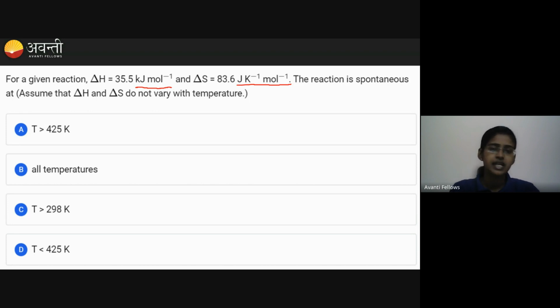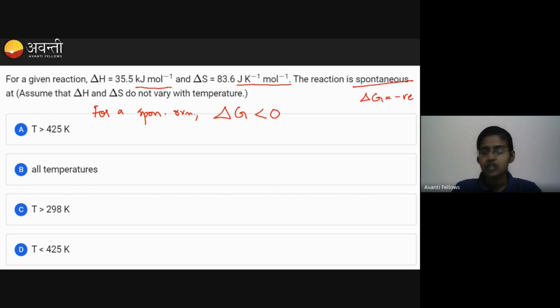When will the reaction be spontaneous? We have to start from the spontaneous condition. For a spontaneous reaction, the delta G value should be less than 0. I told you, right? If the reaction has to be spontaneous, then the delta G value should be negative.